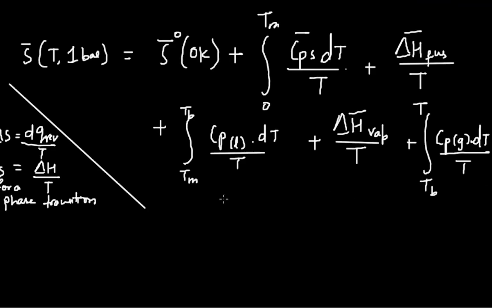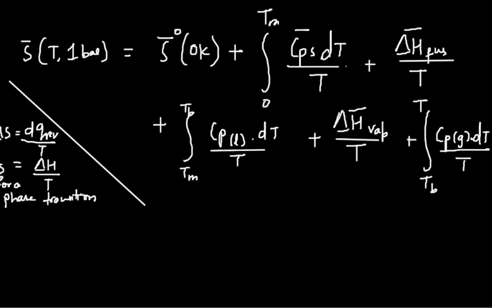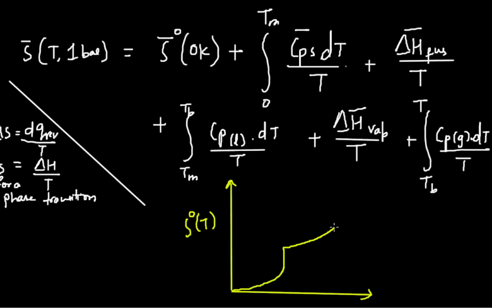Okay. Now if I have to graphically represent this, it's going to be where delta S is equal to Cp dT by T.